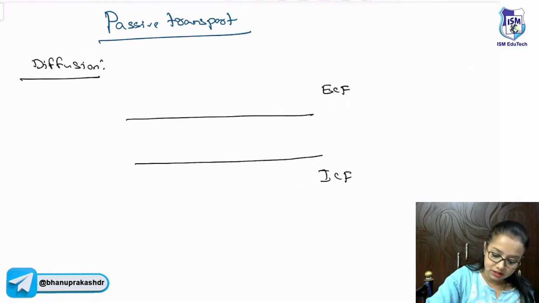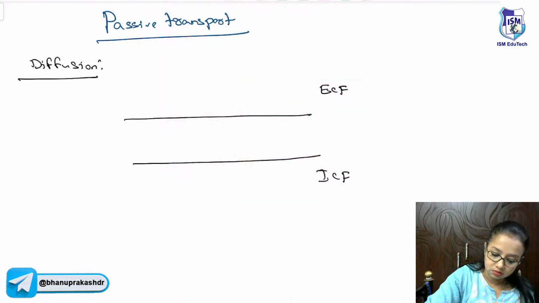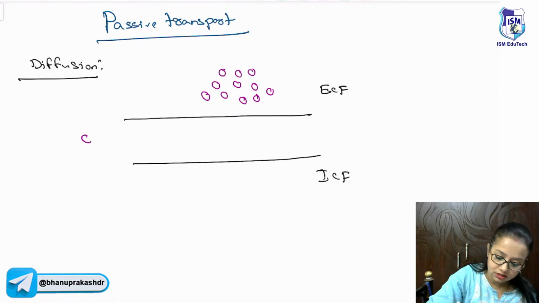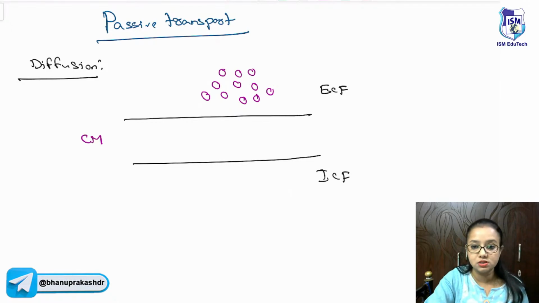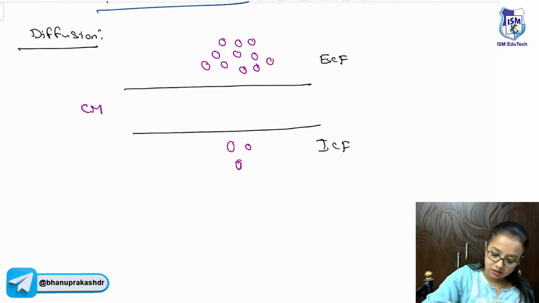Say, for example, there is a particular molecule which is outside the cell, across the cell membrane, and its concentration is more in the ECF compared to that in the ICF.